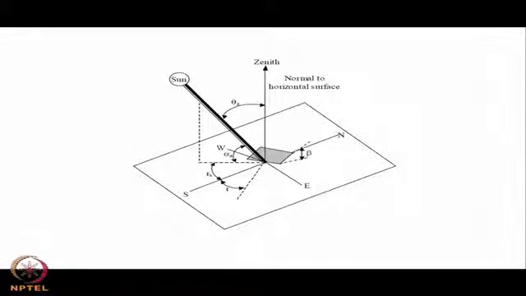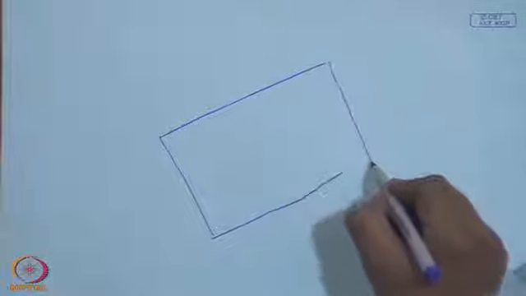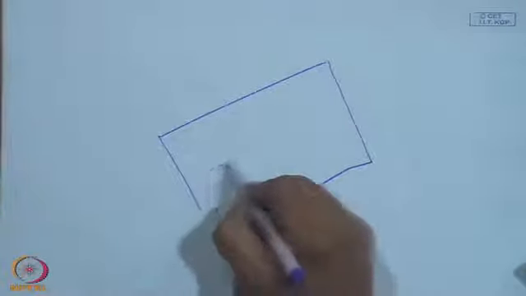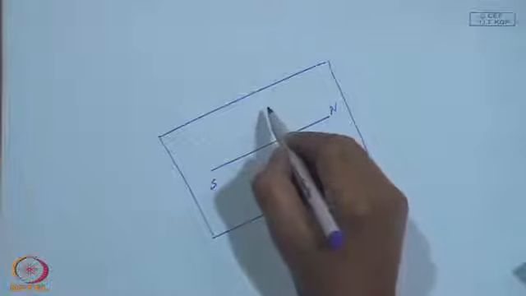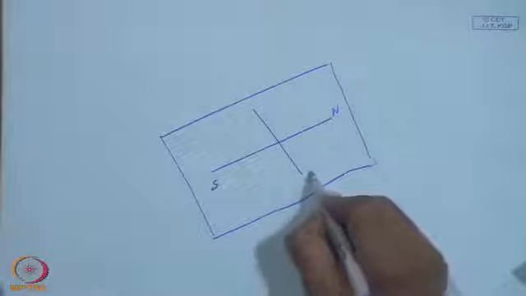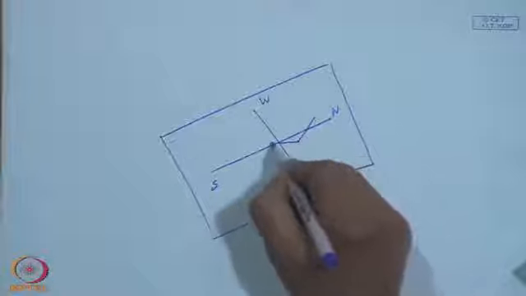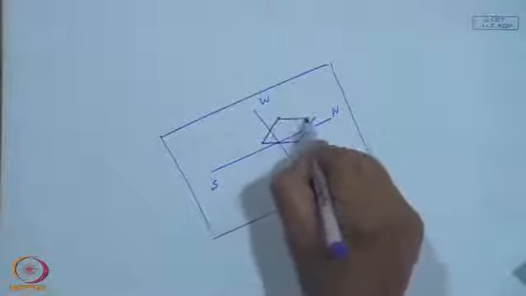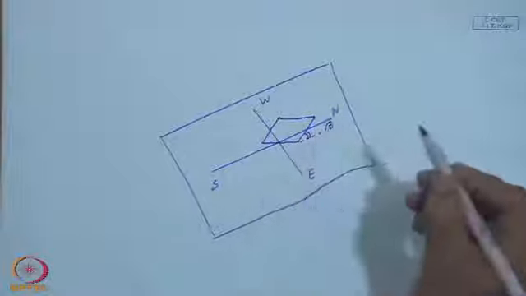Now, here things get a little more complicated. That is a piece of earth, that big rectangle, and of course, north south, and you have got that W should be in continuation with E, west and east, and we have got a surface with a slope beta, which we will completely use.